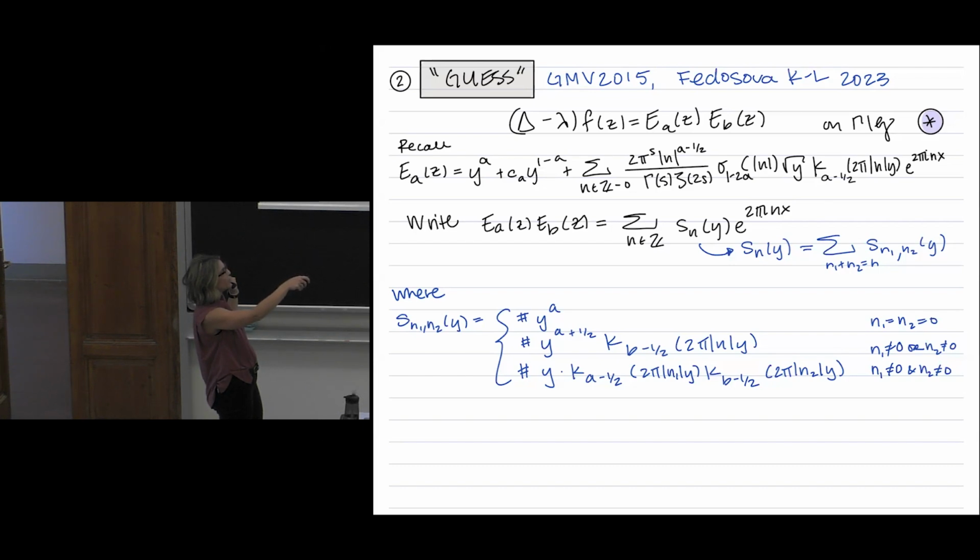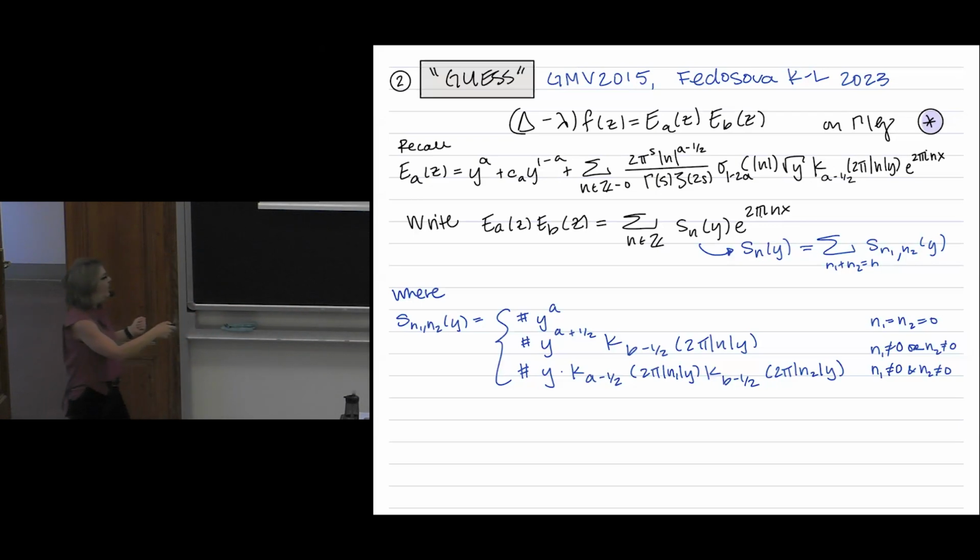They really depend on two parameters, n1, coming from the first Eisenstein series, and n2, coming from the second Eisenstein series. So each one of these little coefficients looks like maybe some polynomial, or some polynomial times a Bessel function, or y times a product of two Bessel functions.